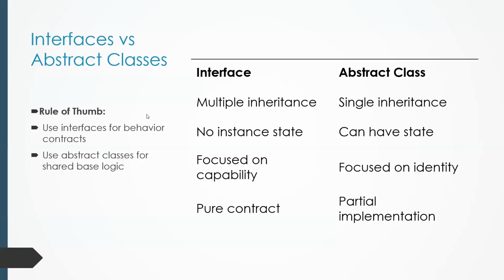And then pure contract, that means that you have to implement all the methods of an interface. An abstract class, you can have partial implementation. That means that you have some concrete methods and you have some abstract methods that you can implement.